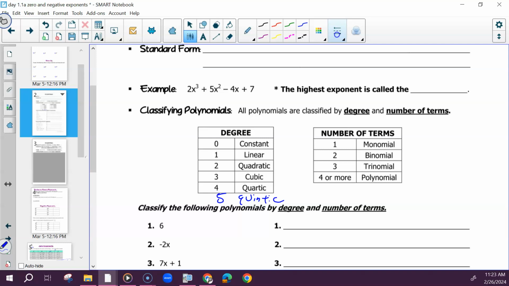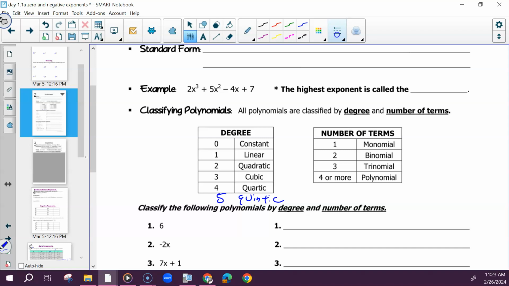So we need to know the different degrees and also the number of terms. If we have just one term, like if I just had 7, that would be a monomial. Monomial is 1, so just one term. Binomial, there are 2 terms. Trinomial would be 3 terms. Polynomial is talking about all of these in general, but it's also talking about if you have 4 or more terms.